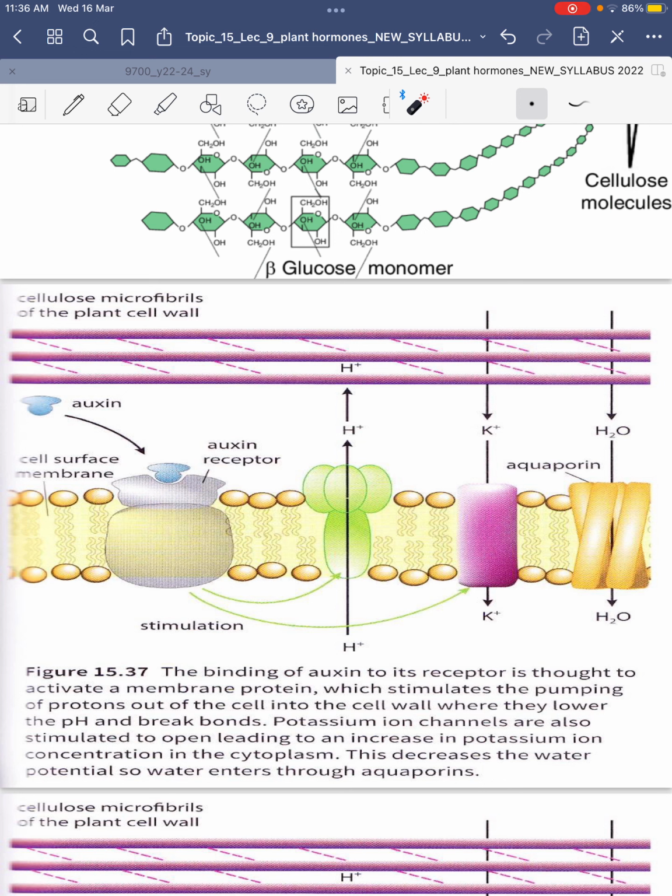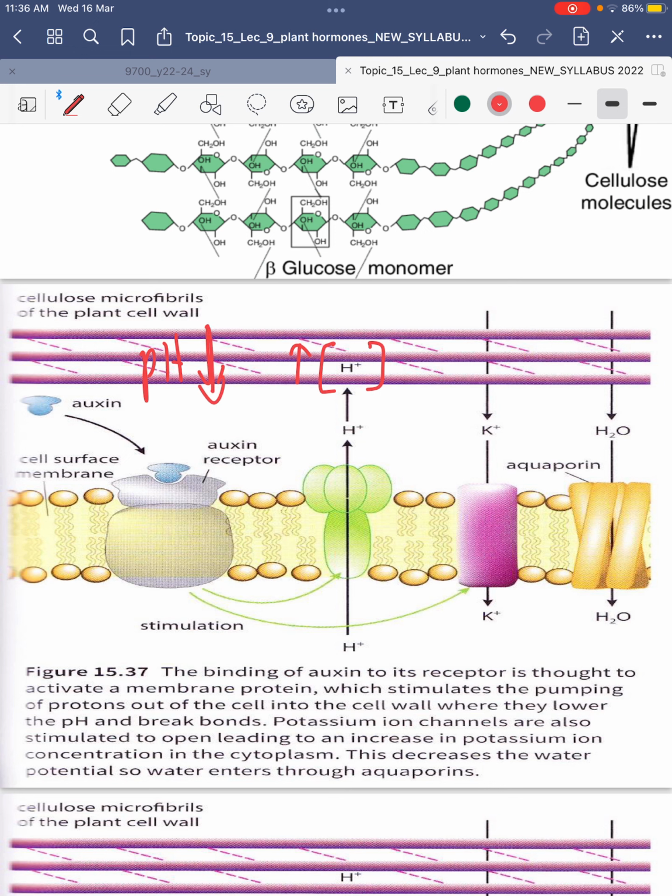So protons are being pumped here. The concentration of H plus here will increase, meaning the pH will decrease.